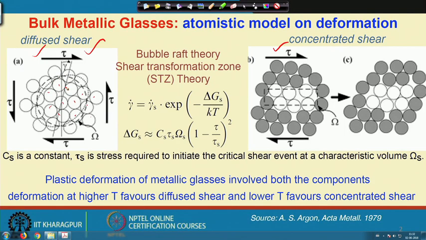If the temperature is higher, and a higher temperature of deformation in a glassy solid means a temperature close to the glass transition temperature, then diffuse shear becomes more and more active, because all the atoms get some activation energy and try to rearrange themselves, or the net activation energy of the whole cluster could shear. Whereas concentrated shear is mostly preferred at relatively low temperature.